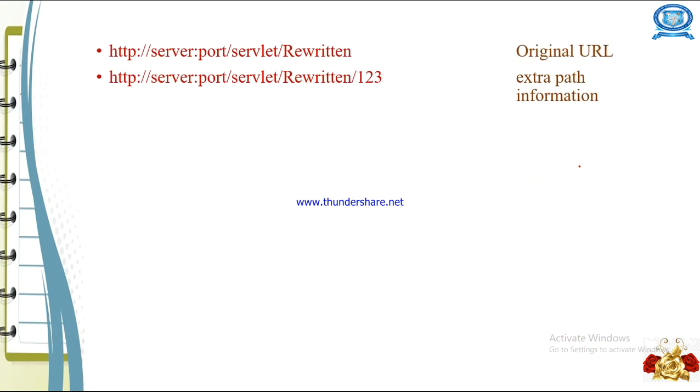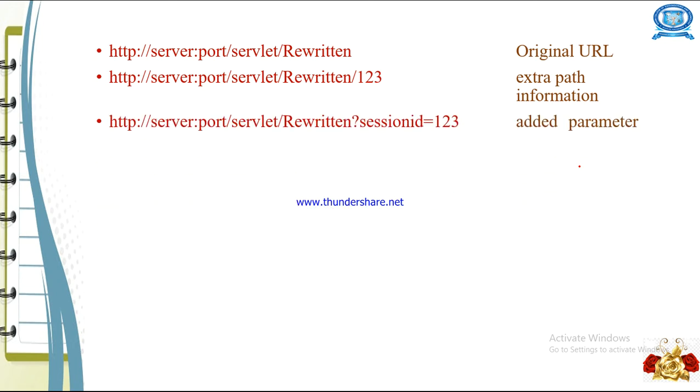So here are some examples of URLs. The first one is the original URL. Next, the second, where extra path information is added, such as 1, 2, 3. Next, the added parameter value.